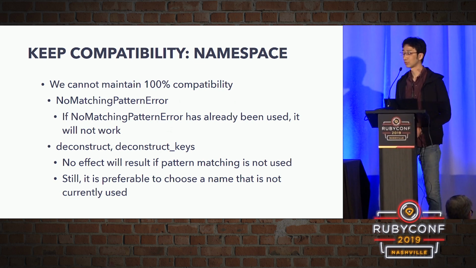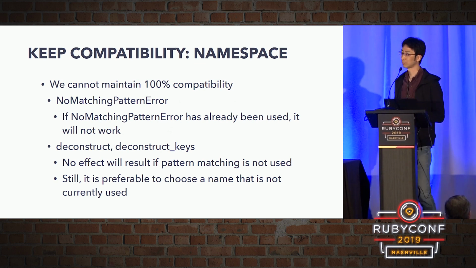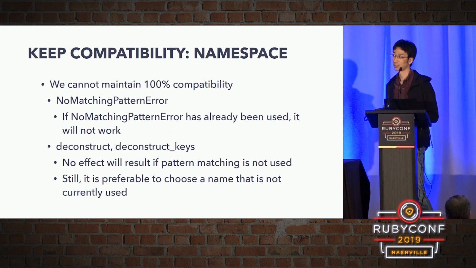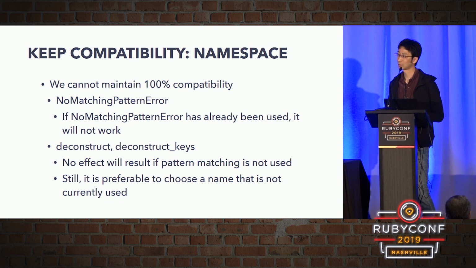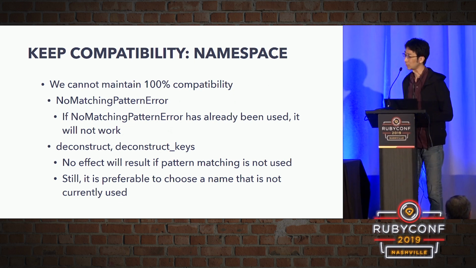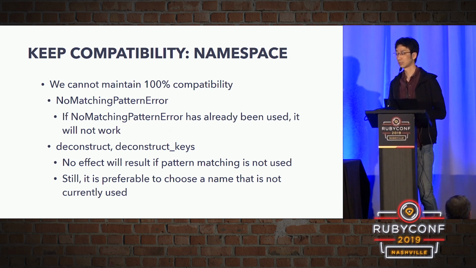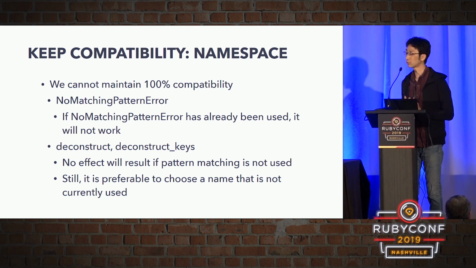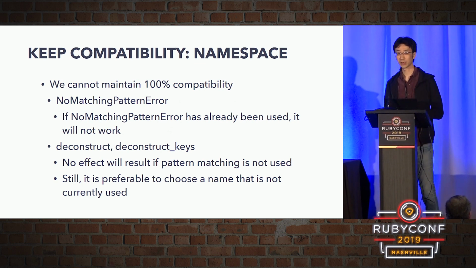And as for the deconstruct and deconstruct_keys methods, if a user brings code from the current version of Ruby to Ruby 2.7, it will work. But if the user attempts to combine it with pattern matching, it may not work. So we should choose a name that is not currently used.